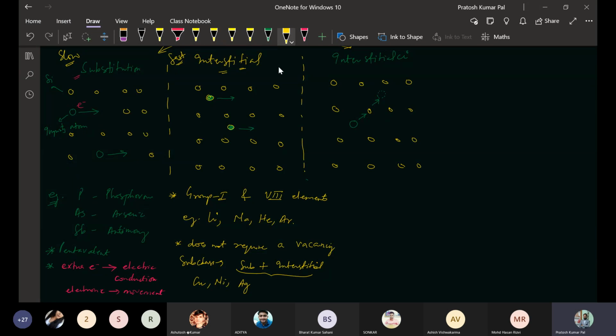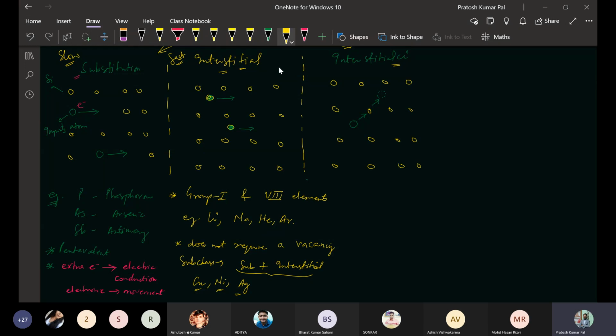Okay. In terms of interstitial C type of diffusion, here also initially the atom was available in the interstitial space, it has replaced or substituted the silicon, and this silicon atom will be available in the interstitial.